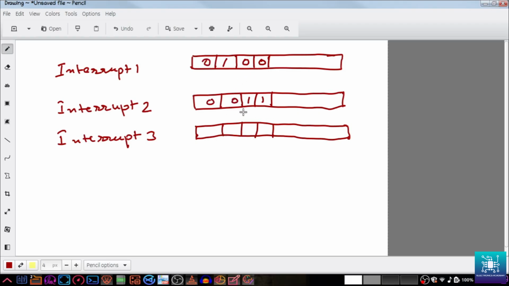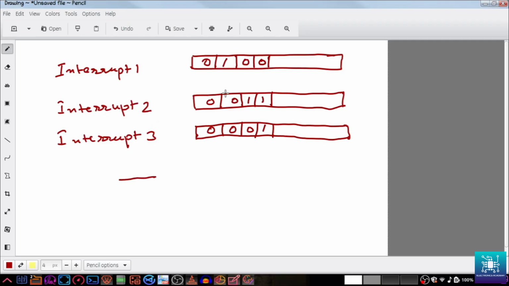And interrupt 3 has a priority of 1, so it is 0, 0, 0, 1. Now let's say that interrupt 1 is executing in the current time, and then at that time interrupt 2 is asserted.